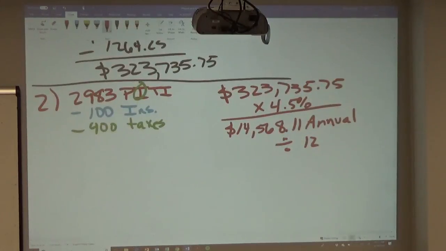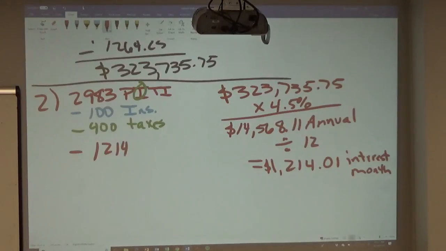And that's going to give us monthly of $1,214.01 in monthly interest. Okay, $1,214.01, which we can subtract back from our payment over here.